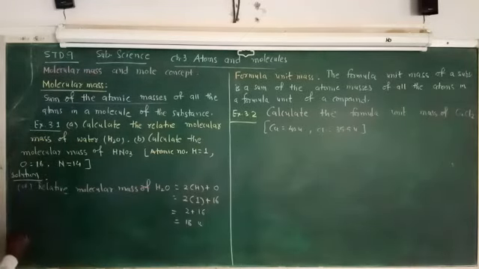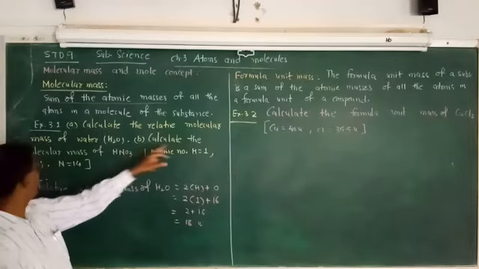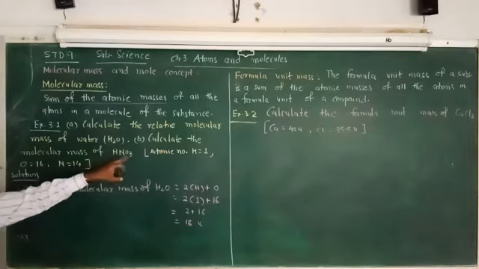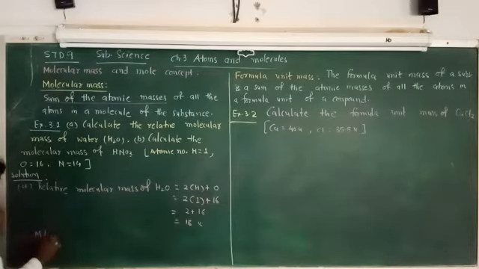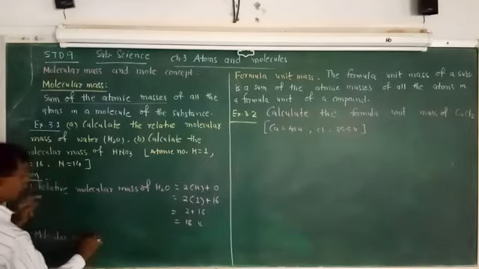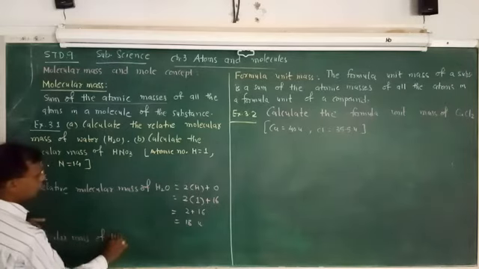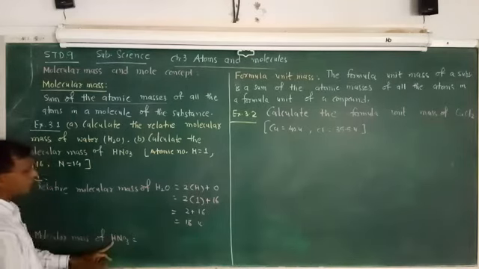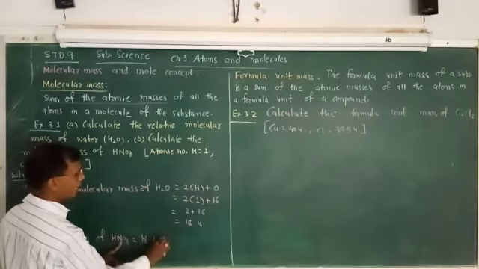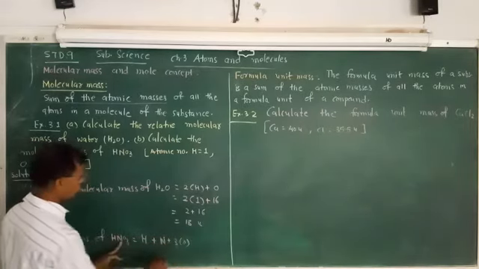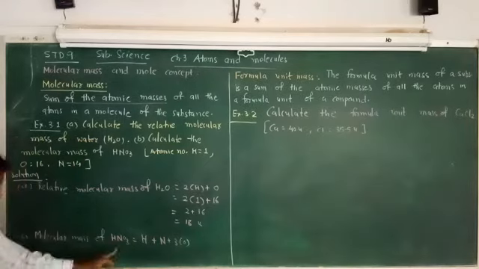Similarly, we calculate the molecular mass of HNO3. So write here the molecular mass of HNO3: hydrogen atom plus nitrogen atom plus 3 atoms of oxygen, O3.